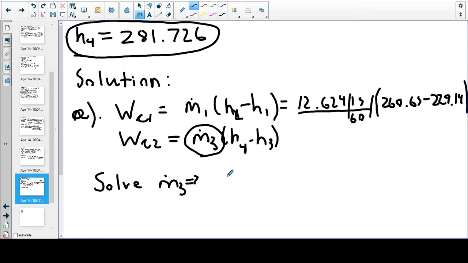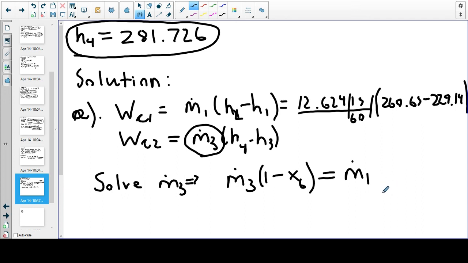And so, if you think about it, the mass flow rate of 3 times 1 minus y9 is equal to our mass flow rate of 1. And what that is basically saying is, say that mass flow rate of 3 is 100%, right?